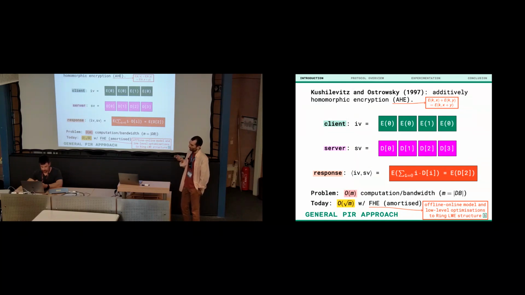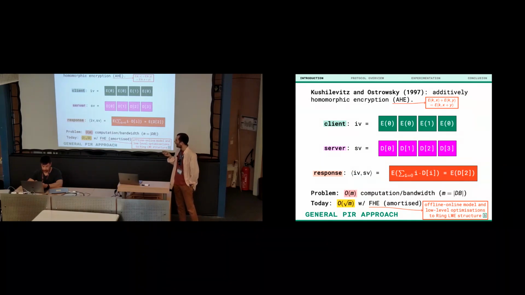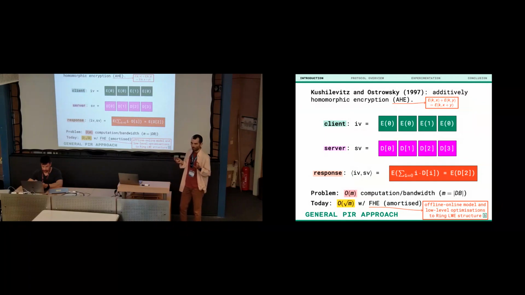The client encrypts the whole vector and sends it to the server, and the server has the vector of all the database elements. Due to the additively homomorphic properties of the scheme, the server can do an inner product between these 2 vectors and get out an encryption of the database element the client wants. They send that back to the client, and the client can decrypt it and learn that database element.